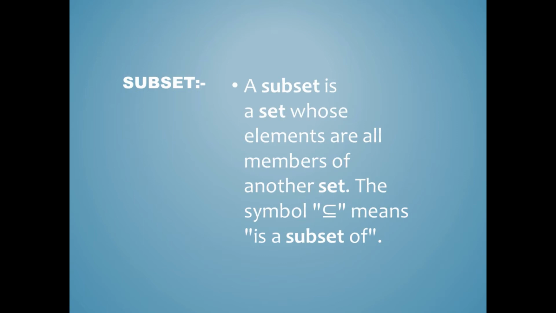What are the members of the subset? Only 2, and 2 is a member of the given set. If you have a set {A, B, C} and you are saying that {A, B} is a subset of the given set, yes, you are right, because all the elements of the subset are elements of the given set.